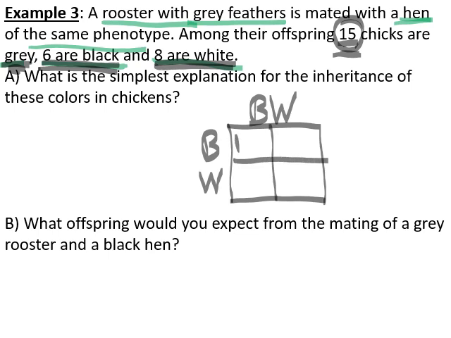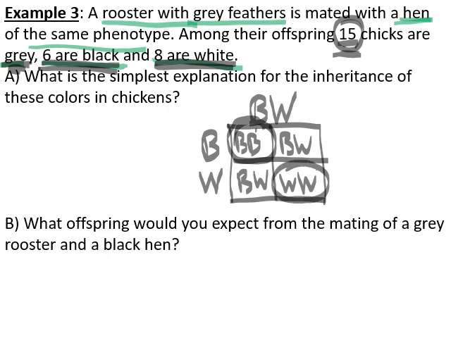So if we set up a Punnett square, we can see that in this case, let's fill it out here, PW and then WW. We can see that, okay, well, 1/4 of those chickens will have black feathers. 1/4 of them will have white feathers. And the other half are going to be the gray feathered chickens.